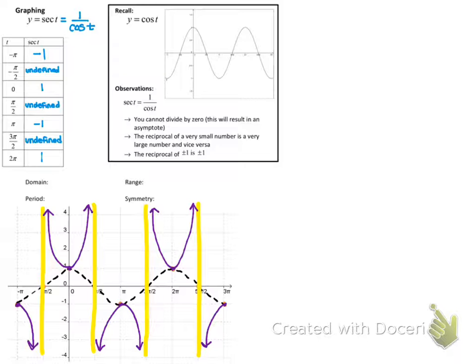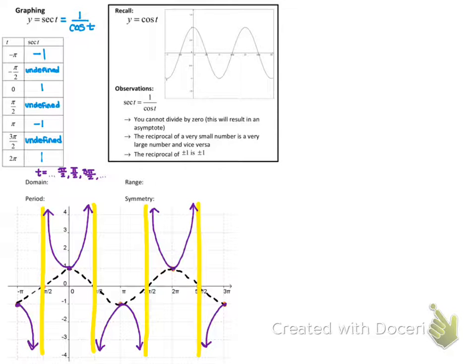Okay, so domain is very similar. Our value of t can't be at intervals like negative pi over 2, positive pi over 2, 3 pi over 2, and so on.